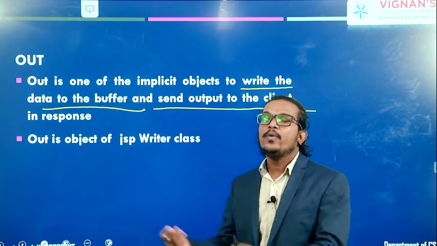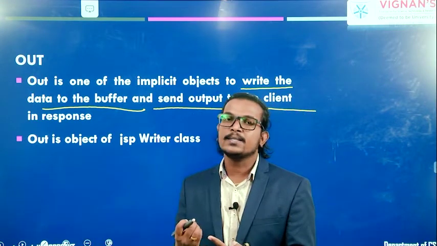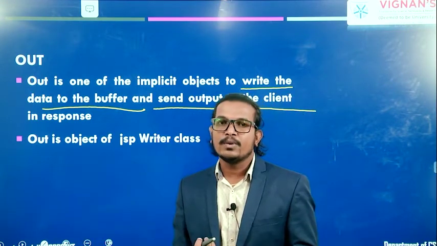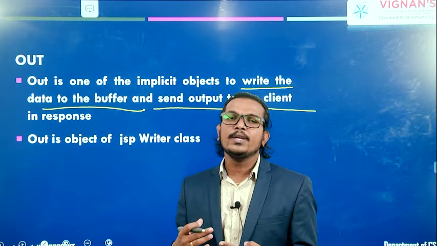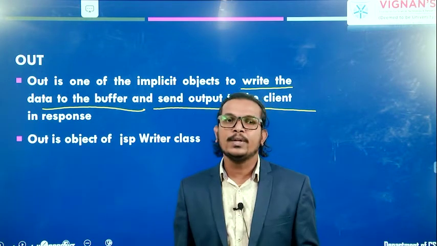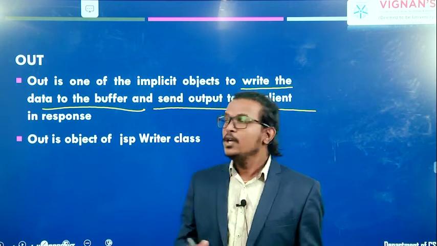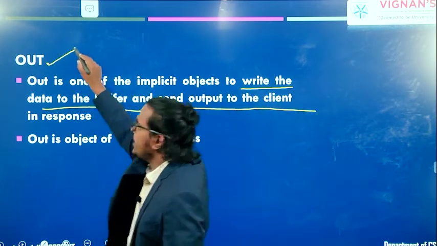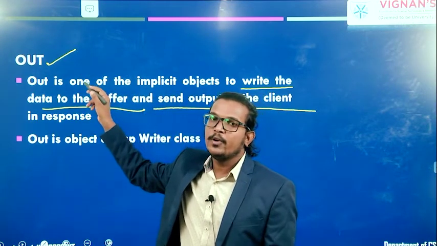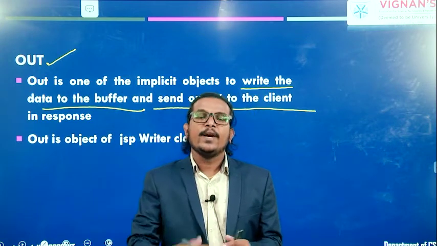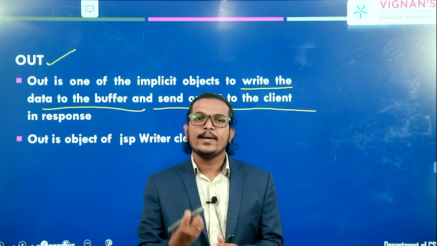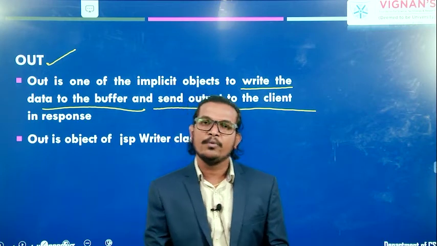Meaning, we are taking the response from the server machine and forwarding that response back to the client machine. With the help of the out object, we are writing the data. For writing the data, you require a buffer object, right?